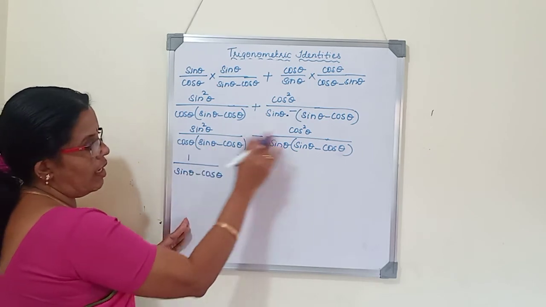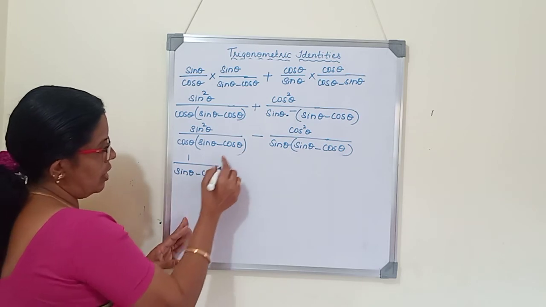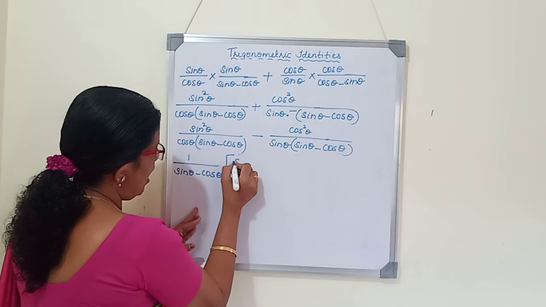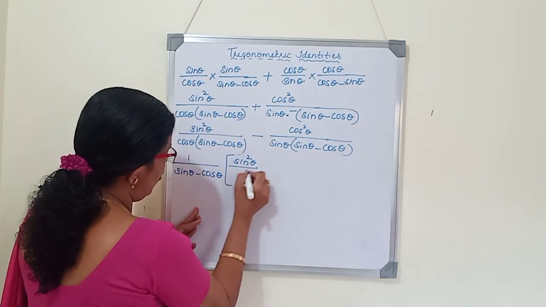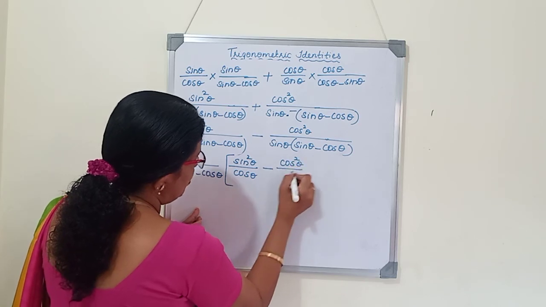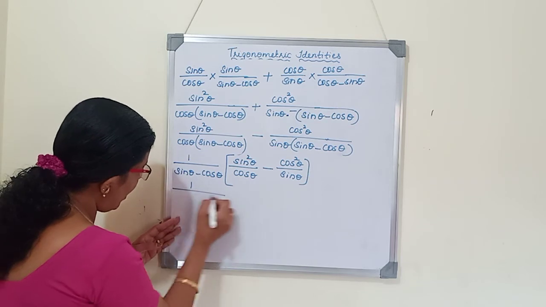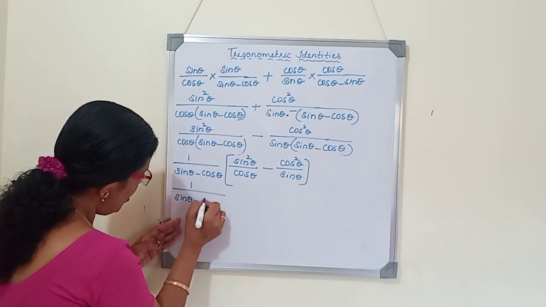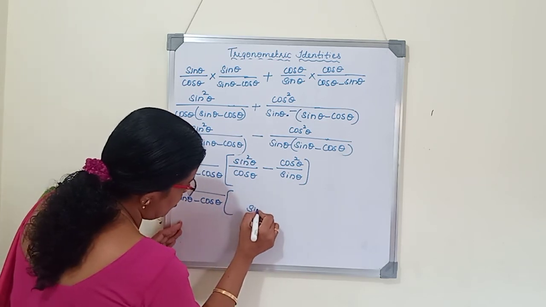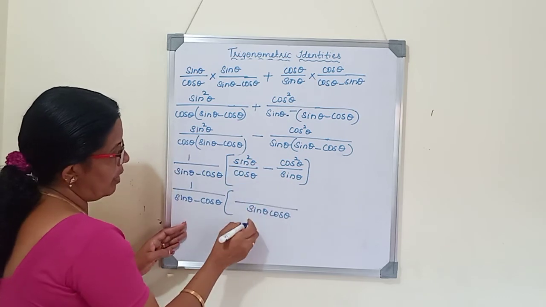The remaining terms are sin square theta by cos theta minus cos square theta by sin theta. Now again we have to take the LCM, which is sin theta cos theta. The same way I told, we will do cross multiplication.